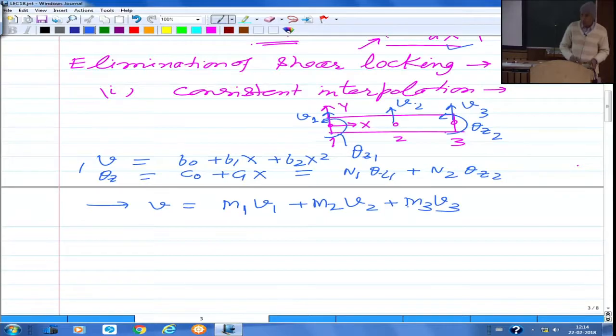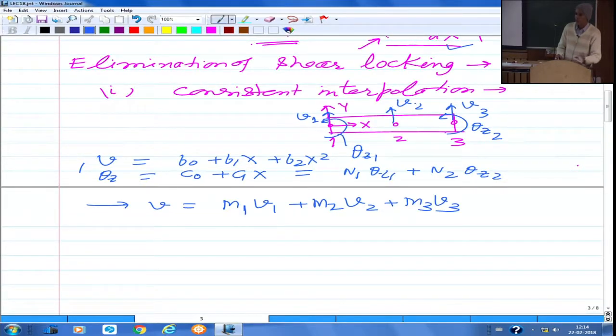Now based on this interpolation, the rest of the steps remain the same. You substitute this approximation where M1, M2, M3 are those quadratic shape functions which we had derived for the 3-noded truss element. Then you write it in the proper interpolation matrix and gradient matrices B, Bs and so on, substitute into the integral functional, take its variation, and you get the element level governing equation.